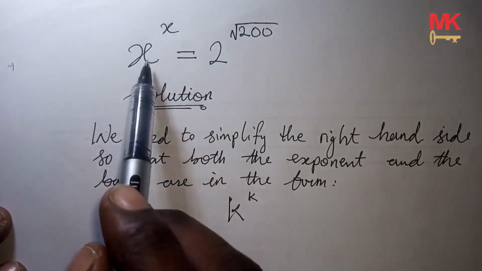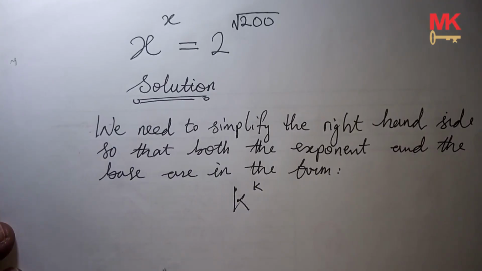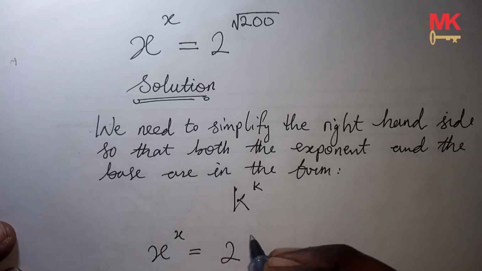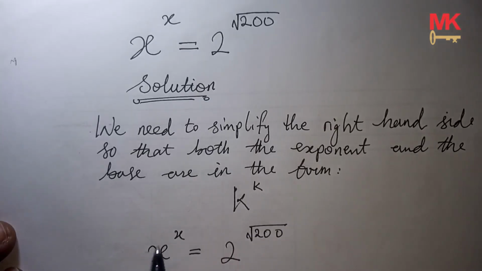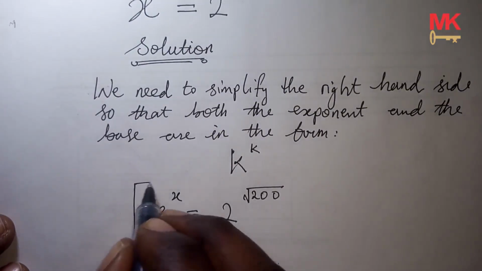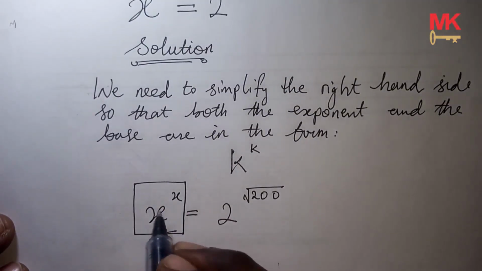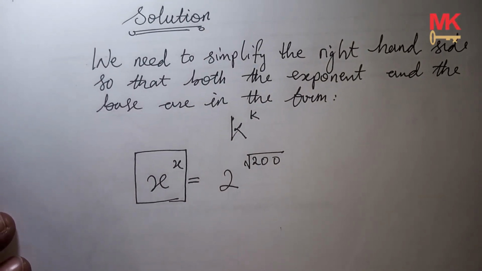That means we're going to keep the left-hand side. So now let's see what we have here. Therefore, x raised to power x equals 2 raised to power the square root of 200. We'll keep this side and simplify this side now. So let's go.